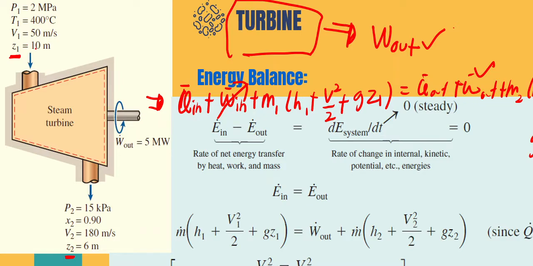Because there is a change in elevation, your potential energy here is not equal to 0, according to this example. But usually for a turbine, the potential energy can be neglected, but you need to double check with the question as well. That's why I ask you to write this general equation. Start with this first, then we see what information is given in the question.